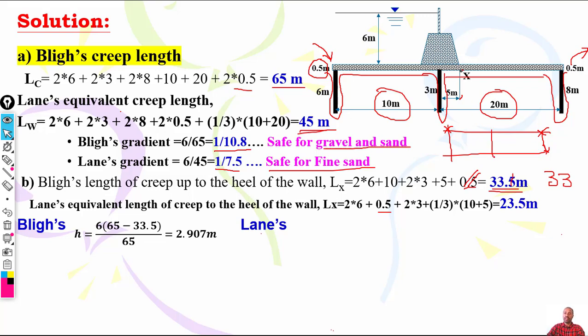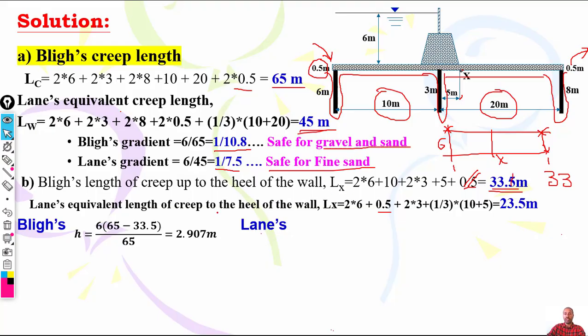So you have seepage head, already you have here 6 hydraulic gradient, then you have total creep length 65 from here up to here, then 33.5, which is up to this point, which is the length of the creep up to x. Then you can interpolate now.